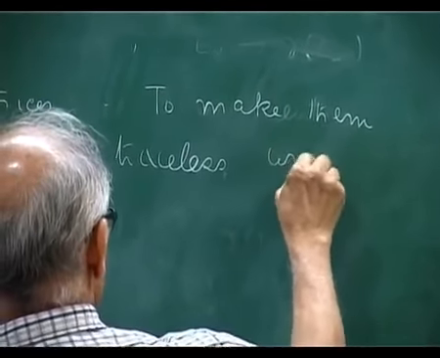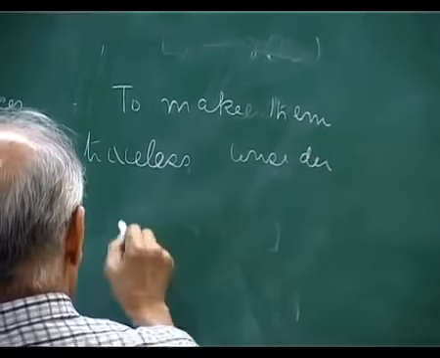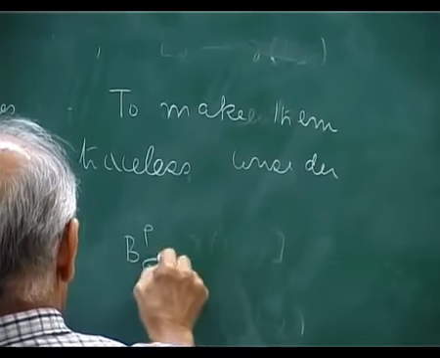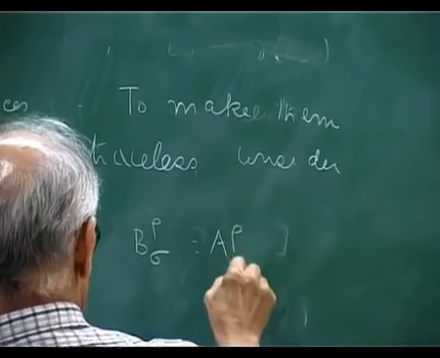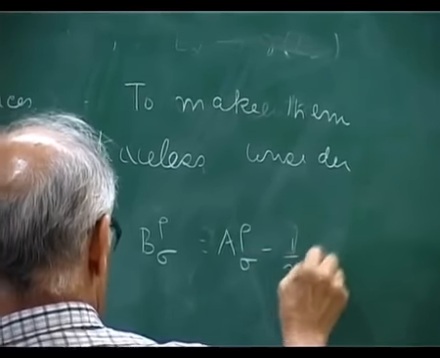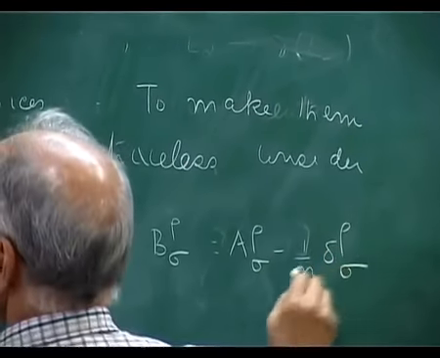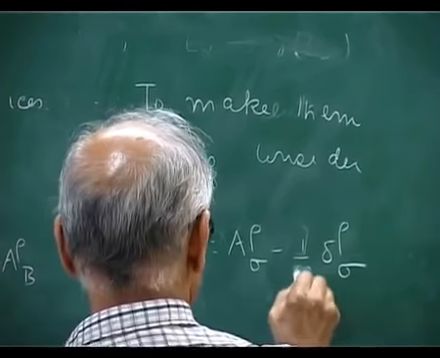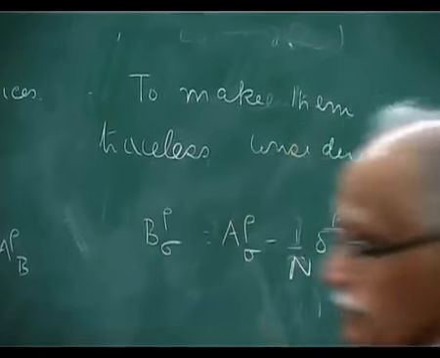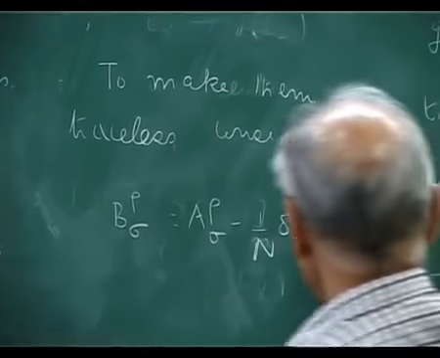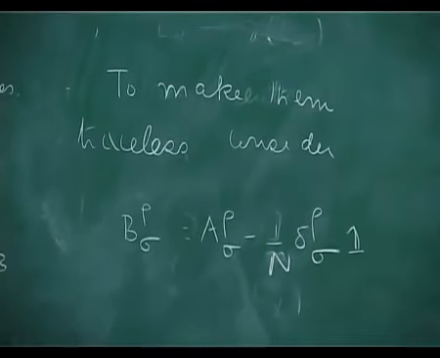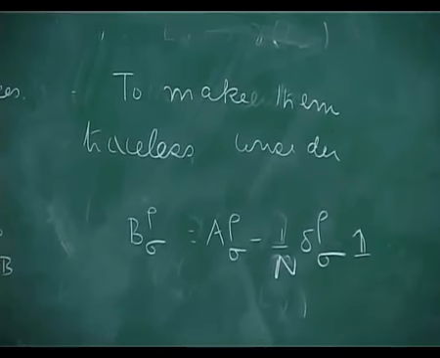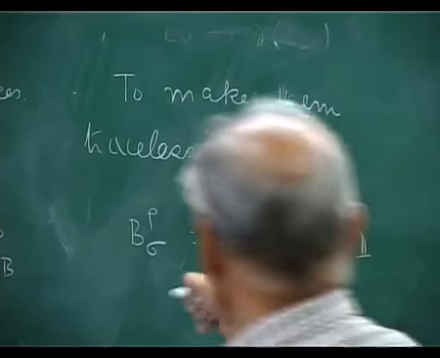Consider B rho sigma, which is A rho sigma minus 1 over n delta rho sigma, I think I wrote SON, times unity. So this is traceless.